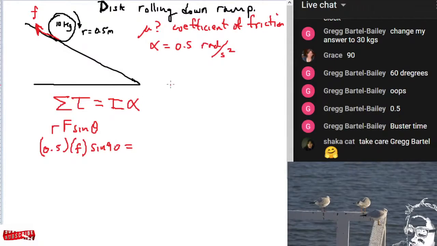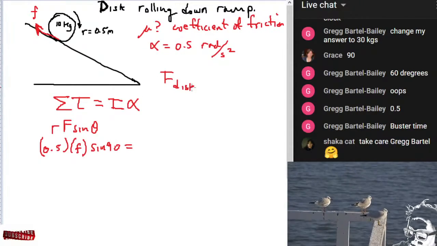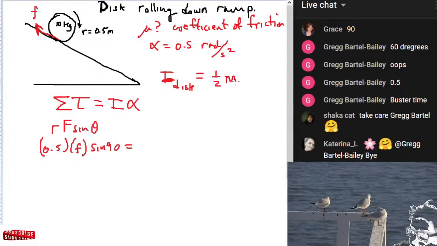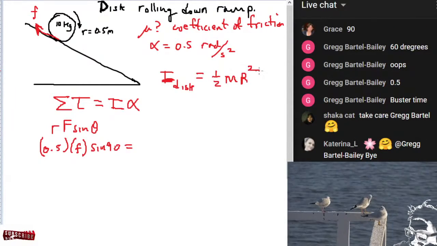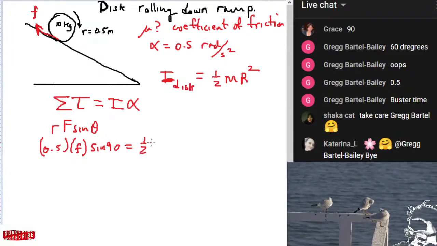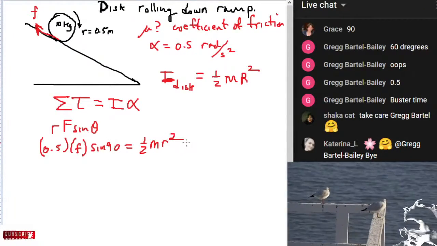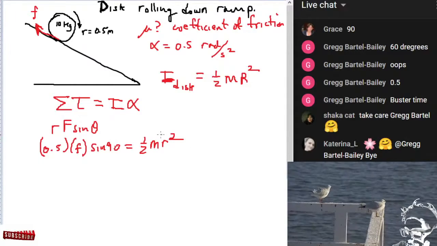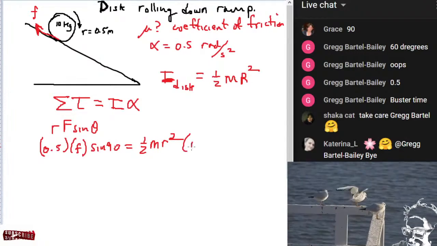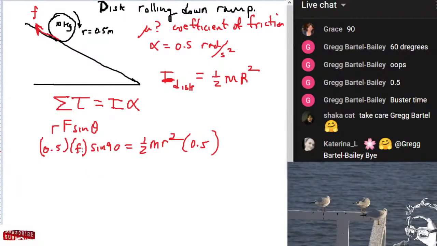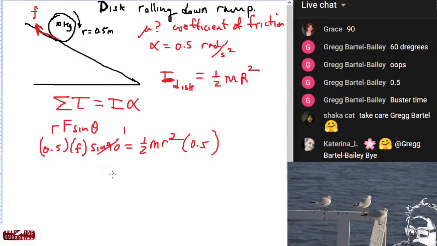The I value of a disk, I just know it in my head. I use it at school all the time. It's 1/2 the mass of the disk times its radius squared. So 1/2 of m times r squared. And then alpha we know is 0.5. So sine of 90 is 1.